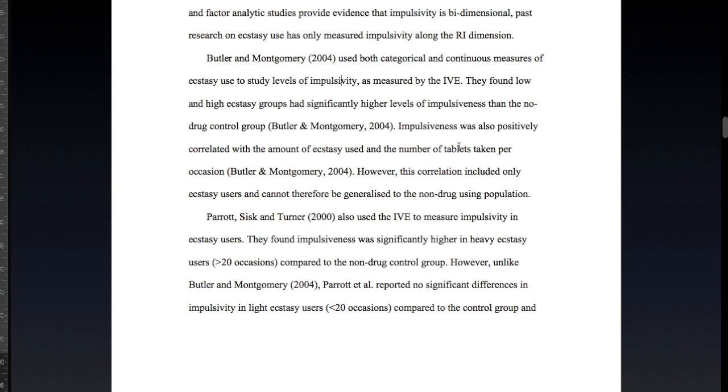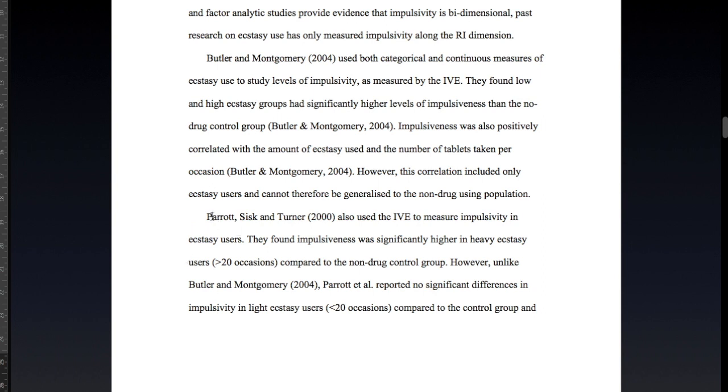However, this correlation included only ecstasy use and cannot therefore be generalized to the non-drug using population. So this is another gap in the literature, saying that they didn't have a control condition, essentially. I didn't have a condition where we can say that this is any different from normal people.